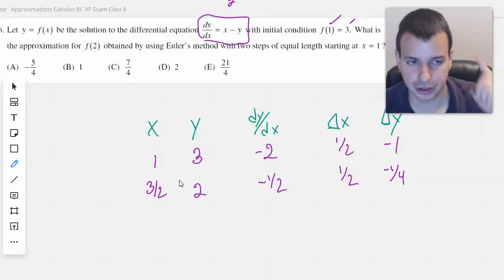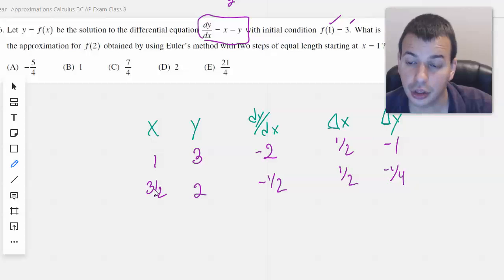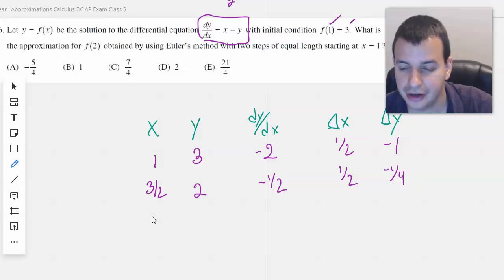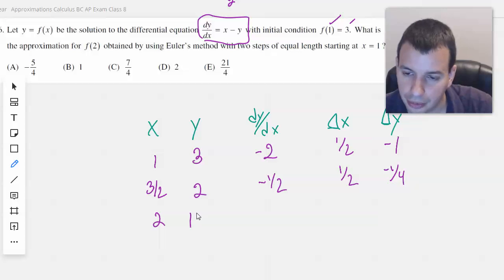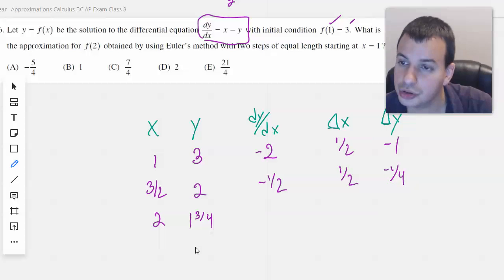Okay, focus. X: 3/2 plus 1/2 equals 2. I'm just going to write that as 2. And then y would be 2 plus change in y. So there'd be 1 3/4, which would be the same as 7/4.